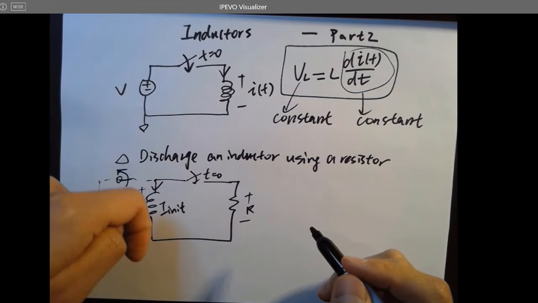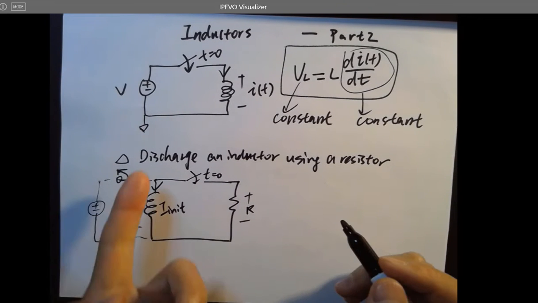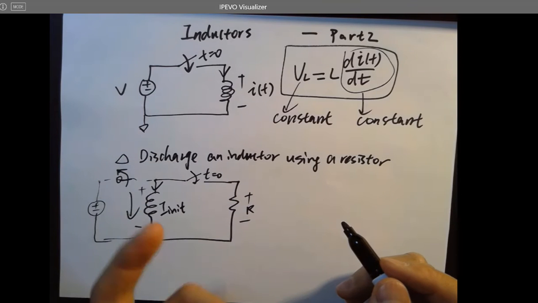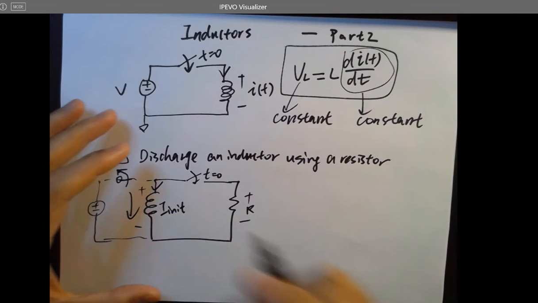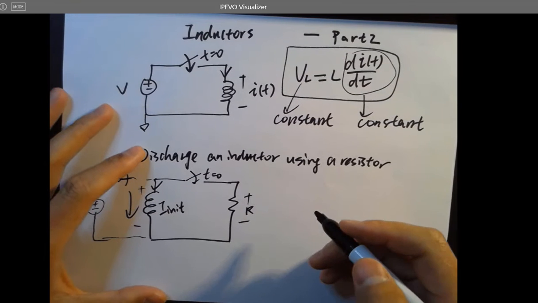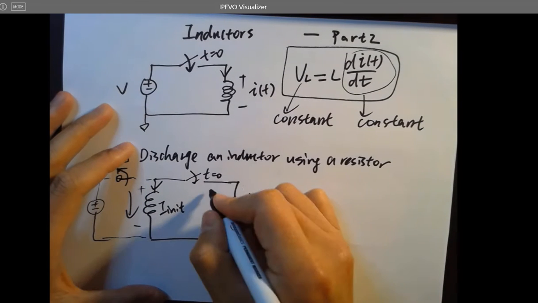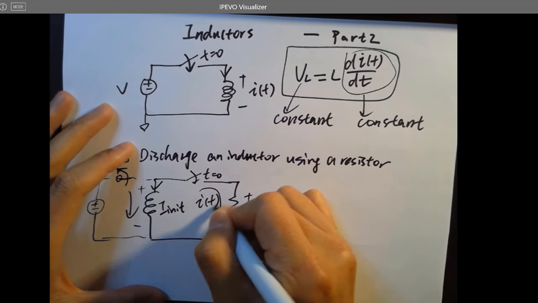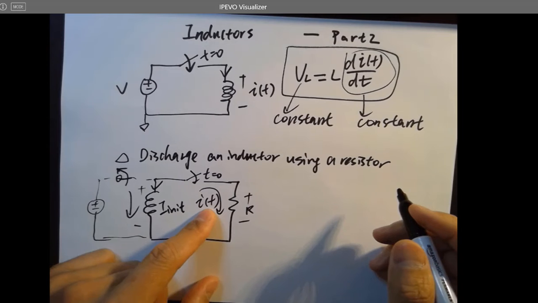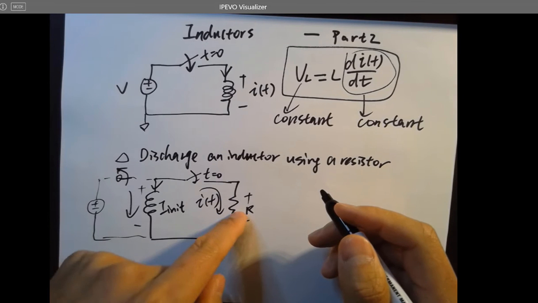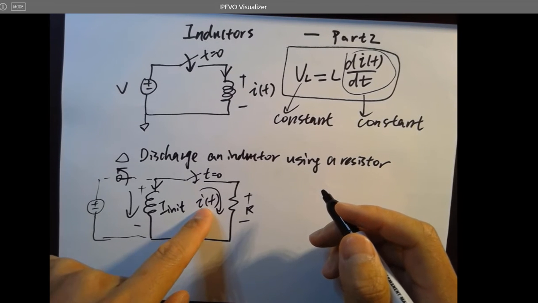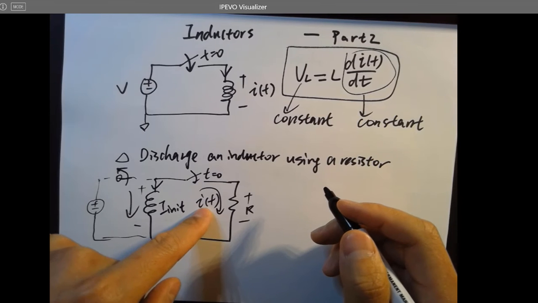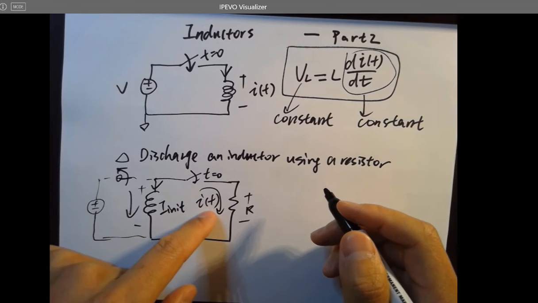So I_init is positive, but whatever flows out from the inductor will be negative. So when you list the equation, you need to know that there will be an I(t), a current in terms of t, and it's going to change because R is dissipating heat, converting the electrical current into heat. So actually this is decreasing.